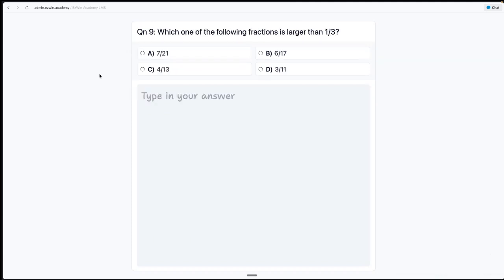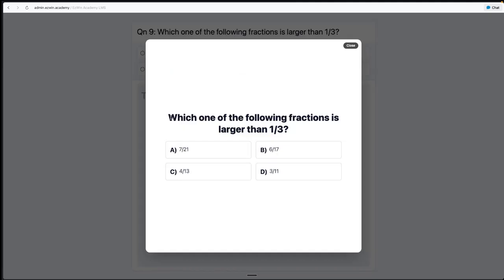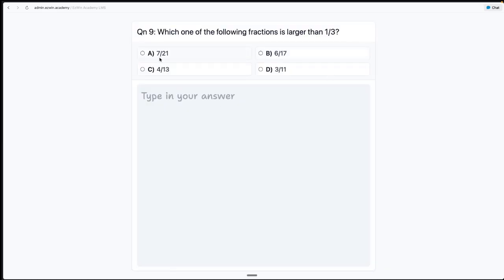Question number 9. Which one of the following fractions is larger than 1/3? All right, so in this case, we need to find out in terms of the fractions which one is larger than 1/3. Okay, so I think 7 out of 21 is equal to 1/3.